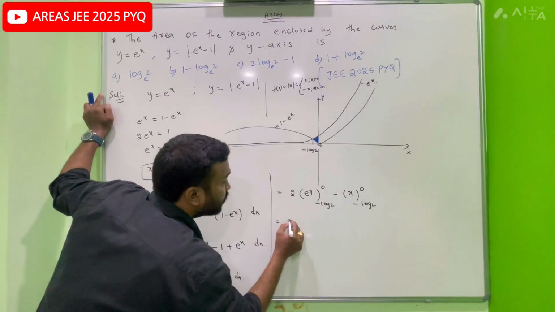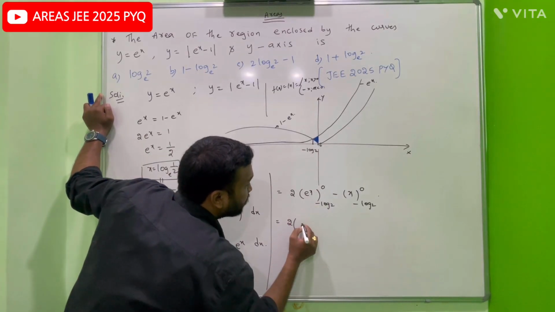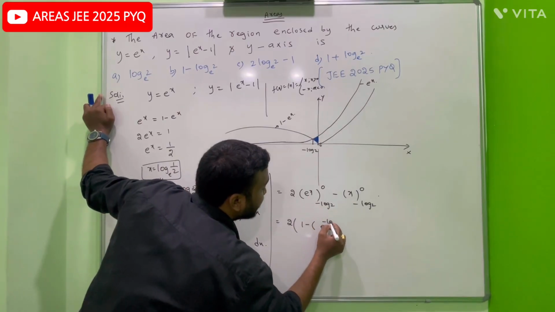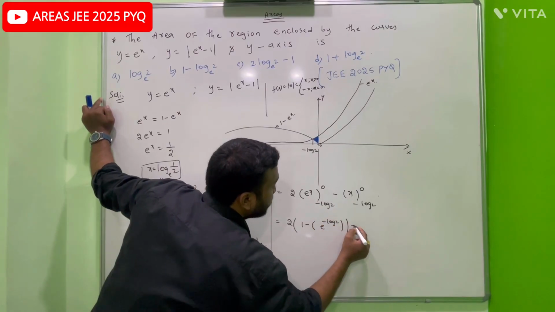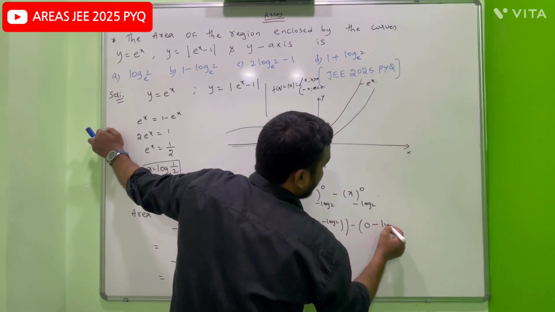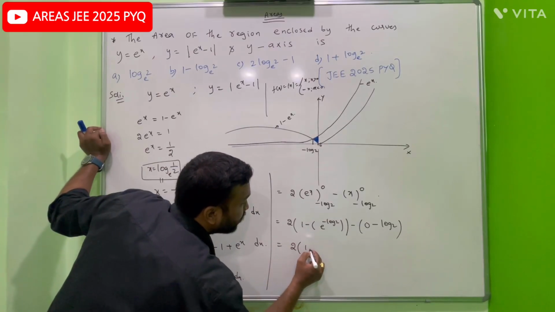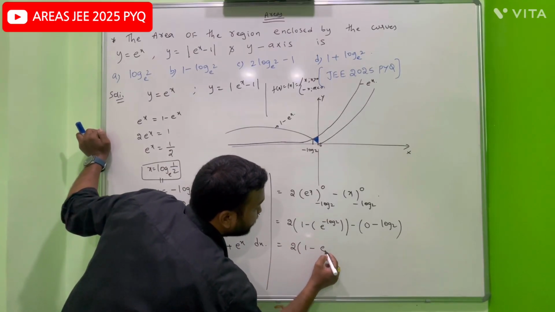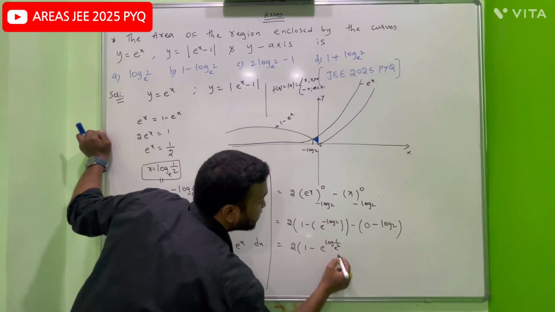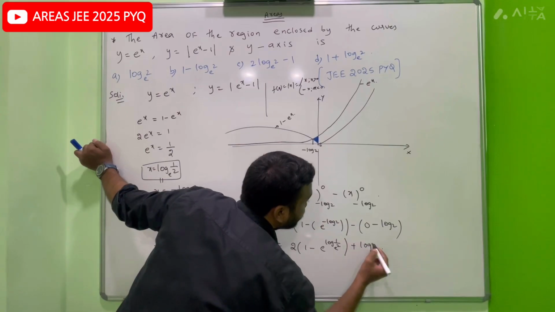Now that is equal to 2 times (upper limit minus lower limit), e power 0, which is 1, minus e power minus log 2, minus (upper limit 0 minus minus log 2). That is 2 into (1 minus e power minus log 2, which is 1 by 2) minus plus log 2.